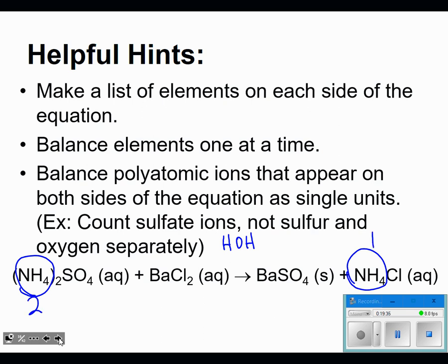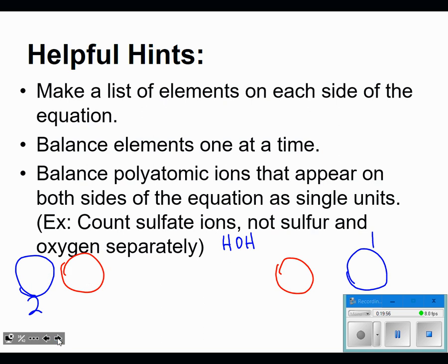So that would help me start to balance that. Also, I could do the same thing with my sulfates, and SO4 appears there and it appears there, and there's 1 on each side. So that might be easier for me to count it that way instead of counting it as sulfurs and oxygens and hydrogens and separating it all out. Okay.